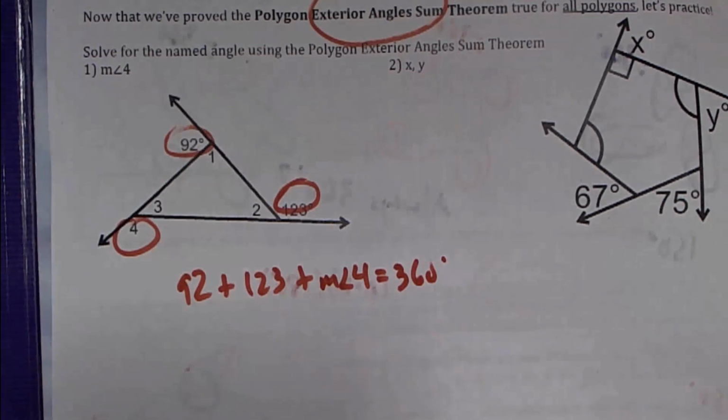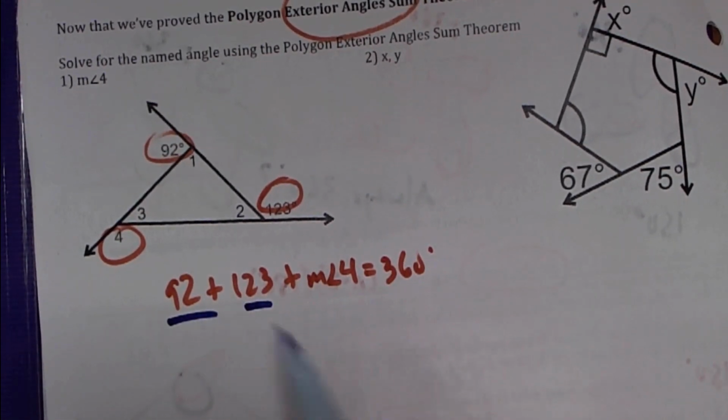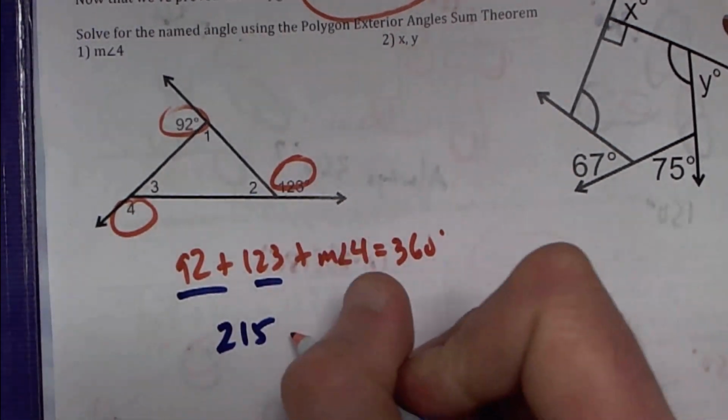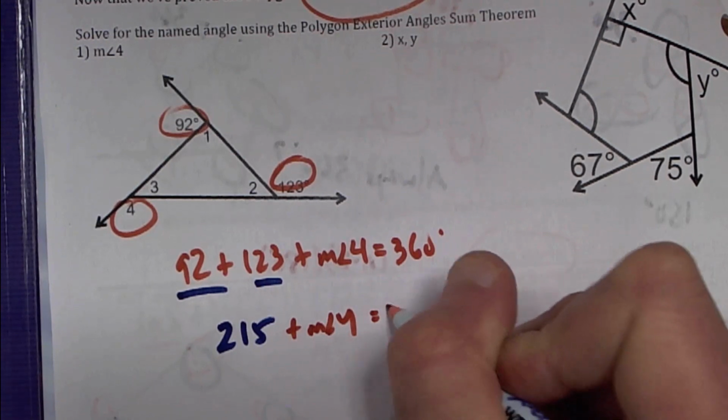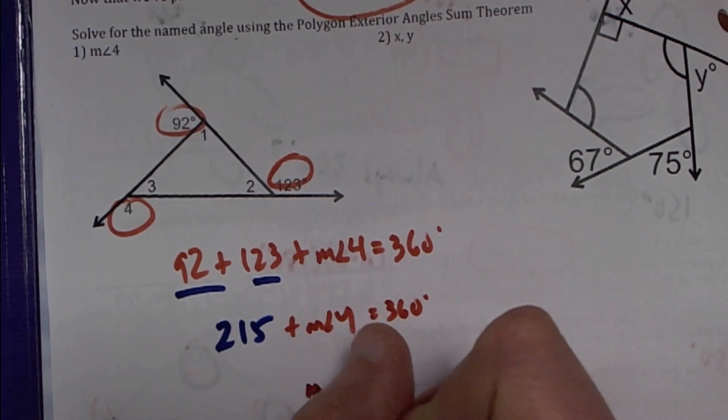I combine these two guys, and that gives me 215 plus the measure of angle 4 equals 360. And subtract 215 from 360.